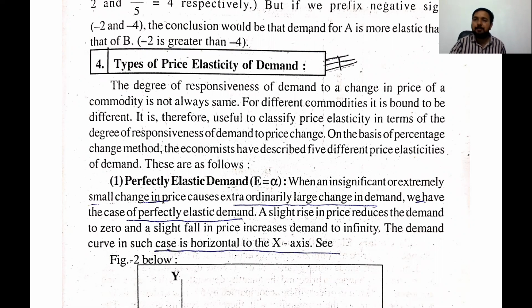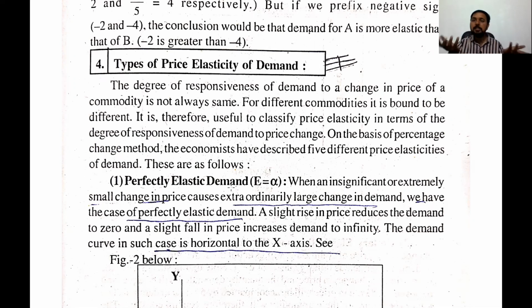So guys, it is not always the same for all types of product. As we know, when the price rises the demand for a product will decrease, but it is not the same for all kinds of product. There are some products which are not much affected by the price. For example, a stapler pin, or salt. If the price of salt falls, it is not that people will use more salt. The use of salt will remain the same, and if the price of salt increases, people will not stop using salt.